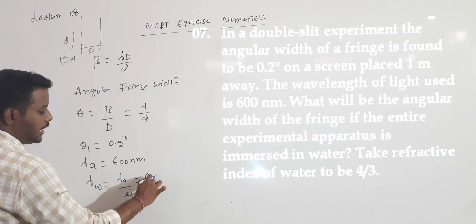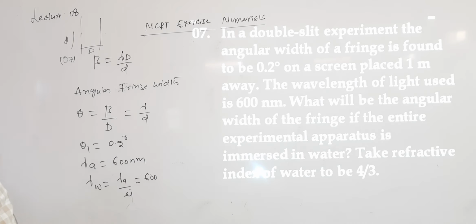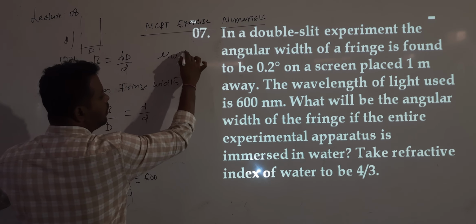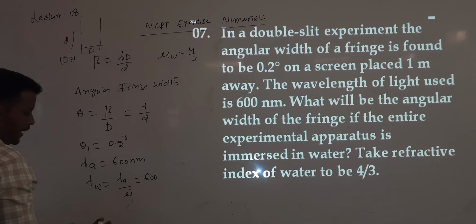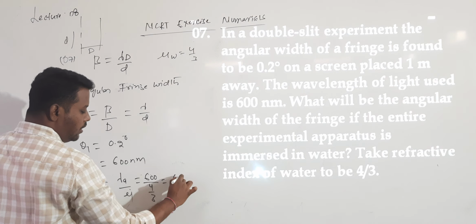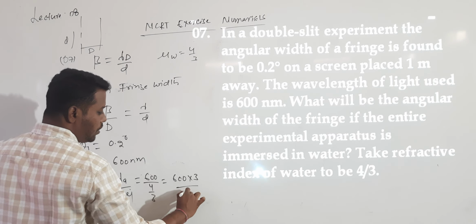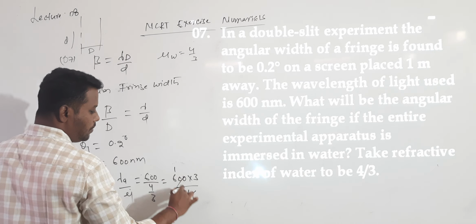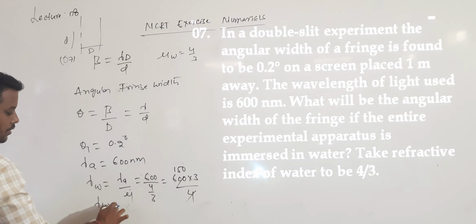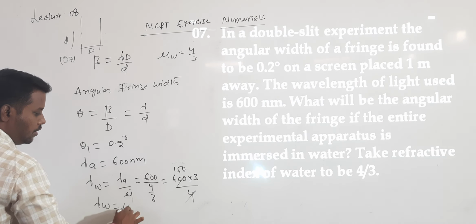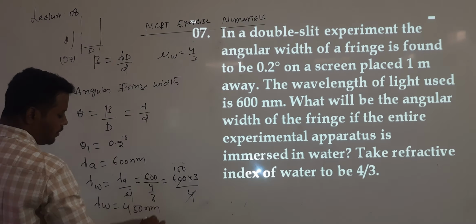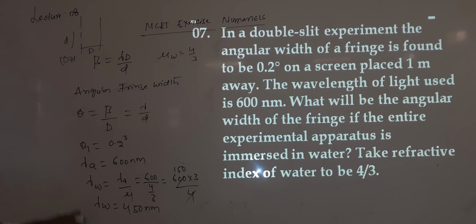Lambda A is 600 nanometers divided by mu, where the refractive index of water mu W is 4 divided by 3. So 600 divided by 4 by 3 is 600 into 3 by 4. 4 150s, so 150 into 3, which gives lambda W equal to 450 nanometers when it is immersed in water.